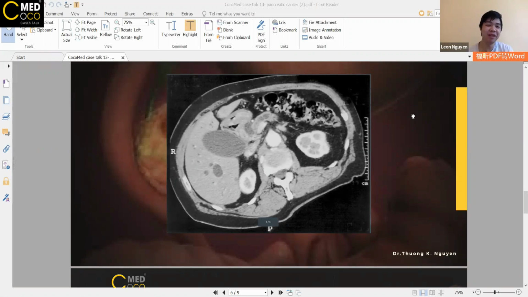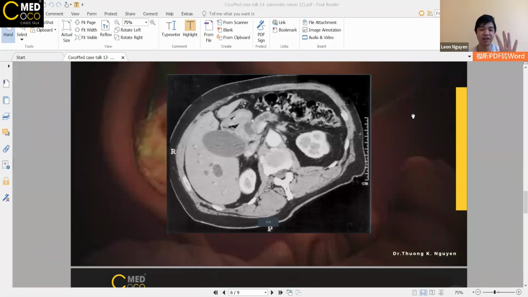But then the guideline is if you lose more than 5% of your total body weight, it doesn't only need to be 10 pounds, 5% of your total body weight in 6 months, then we think about malignancy. Let's say the patient is 300 pounds or 160 pounds, 5% will be 8 pounds.